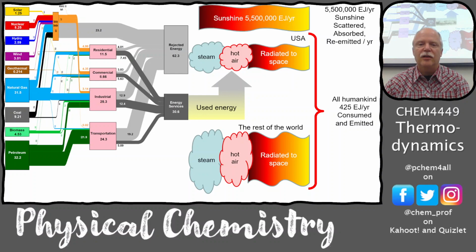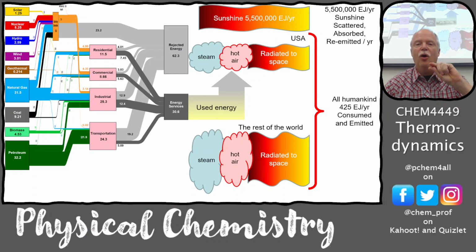It's the sun. So the sun is hitting the Earth with 5,500,000 exajoules per year. Some of it's scattered off, some of it's absorbed, some of it's re-emitted every year. I tried to put this to scale, and I realized that we've got about 500 exajoules for humankind compared to 5 million. So it's not even 1%.